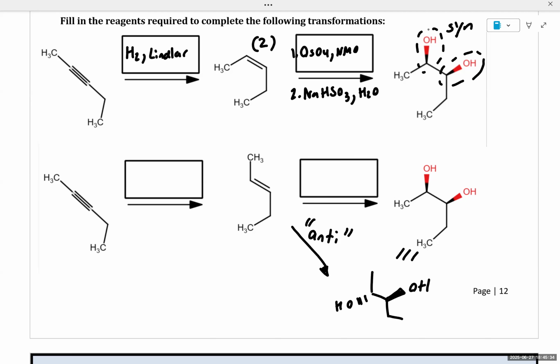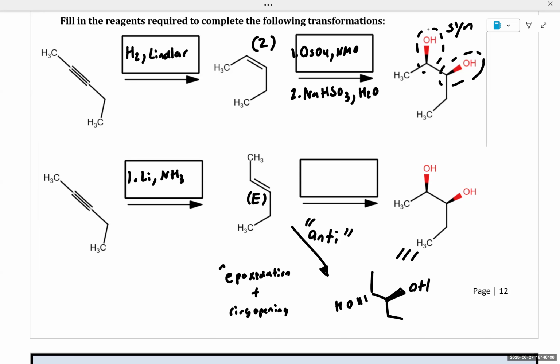Okay, so first and foremost, we see we're making an E-alkene. This is done via dissolving metal reduction, so lithium and ammonia. That gives us our E-alkene. One of the methods that we discussed to make an anti-dihydroxylation product is epoxidation plus ring opening.